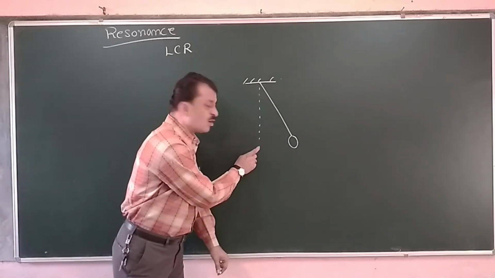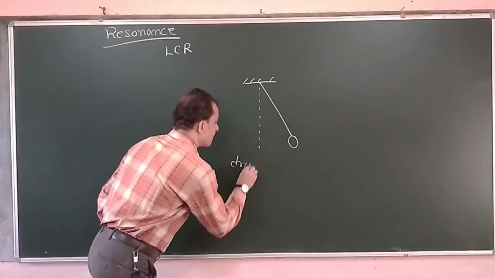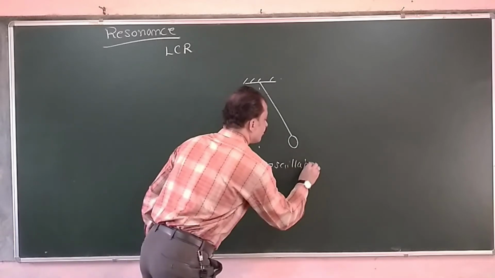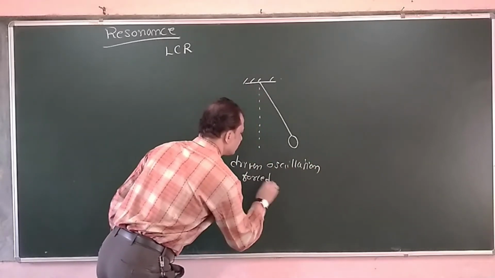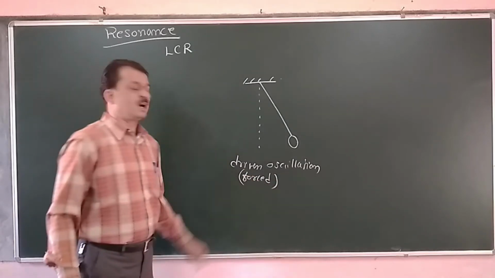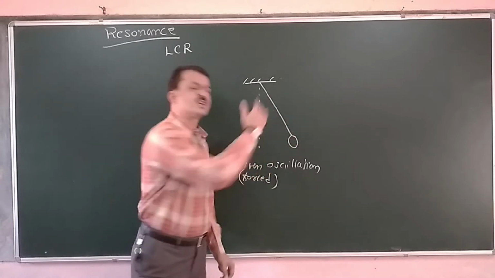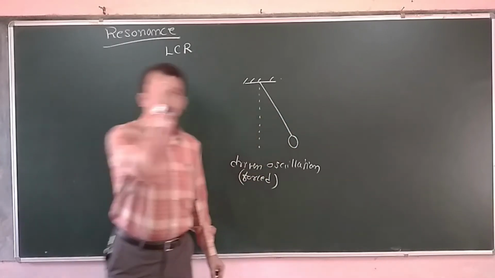Therefore, this oscillation is called driven oscillation or forced oscillation, that we have studied. Driven or forced oscillation, because in order to maintain a steady oscillation, we are applying an external force.